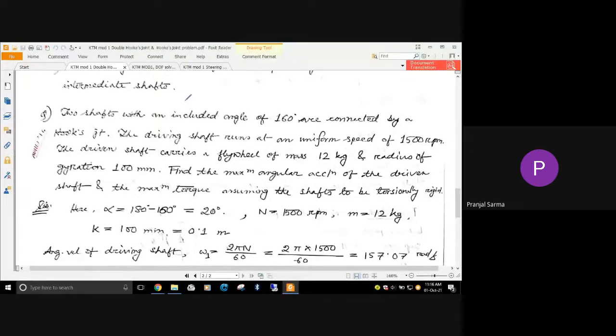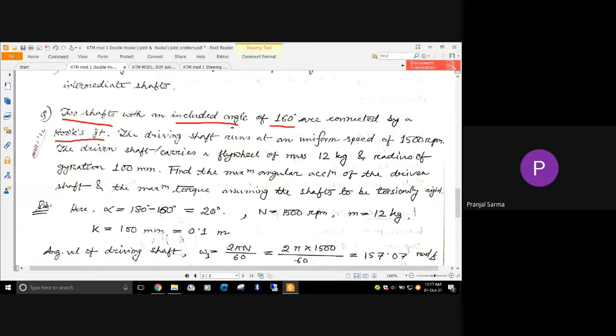Okay. So what does the problem statement say? It says that there are two shafts with an included angle of 160 degrees, and they are connected by a hook joint. A hook joint is nothing but the universal joint that we're talking about.